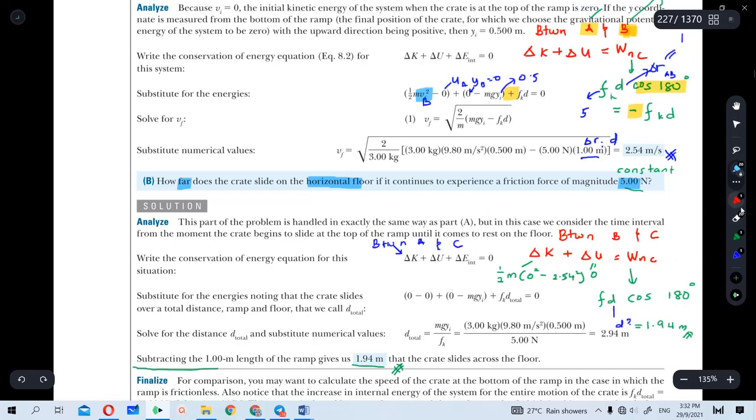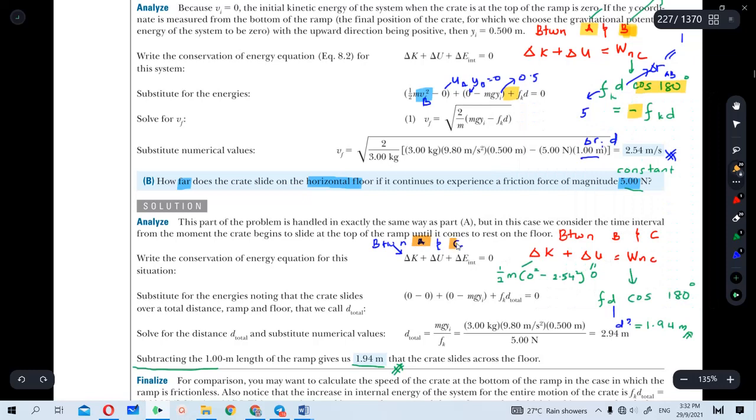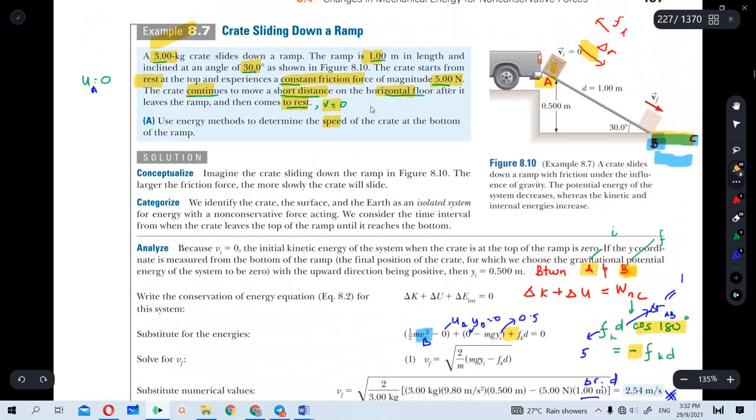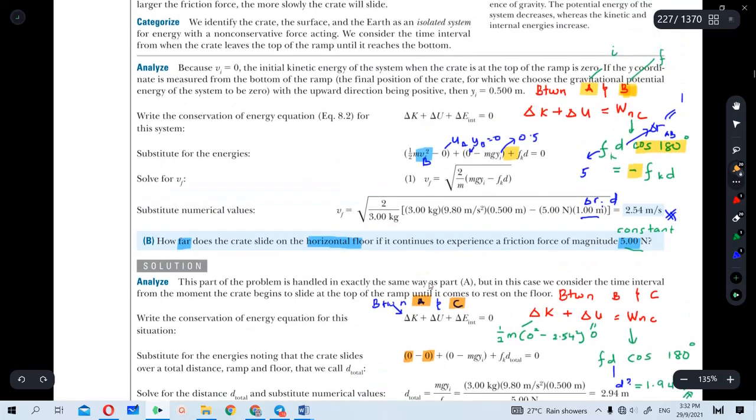Notice here, if we take consideration that our position of interest is between A and C, the change in kinetic energy between both positions is zero. Why? Because eventually it stopped. By the time it reached C, it stopped. So that's the reason why it's jotted down as zero. How about the beginning?